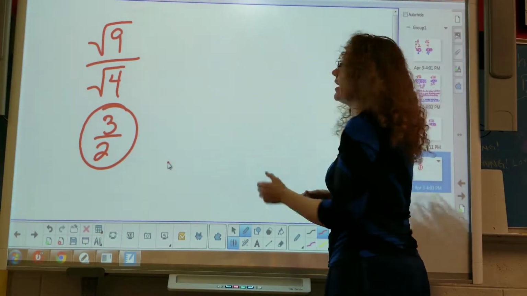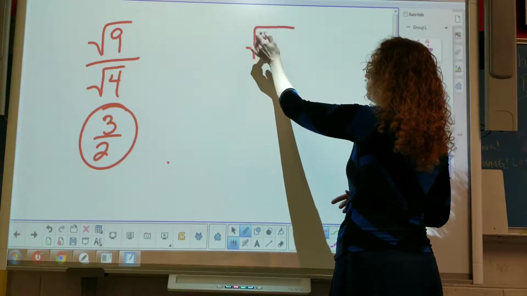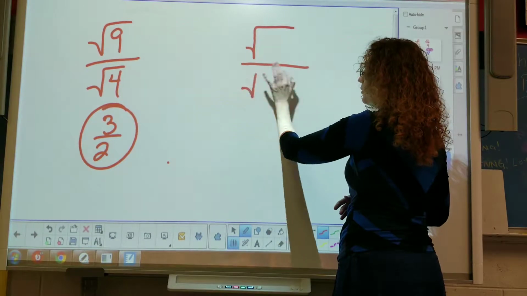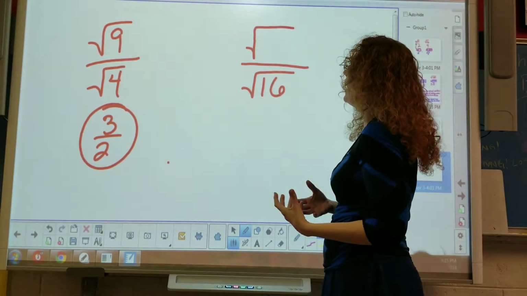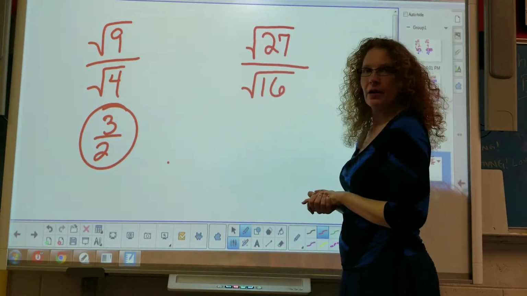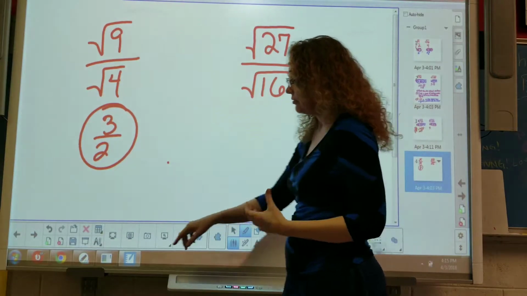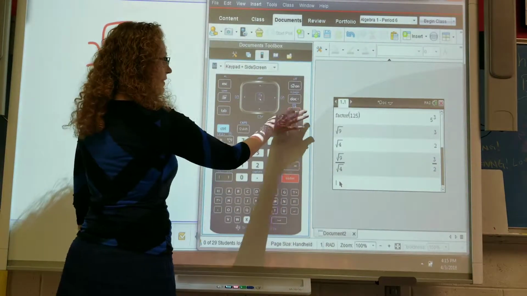Let's say, again, you had something like, we'll just say, in the denominator, square root of 16. And let's say in the numerator, you had the square root of 27. Okay? Now, I know, taking my little calculator, the number 27. Let's break that down.